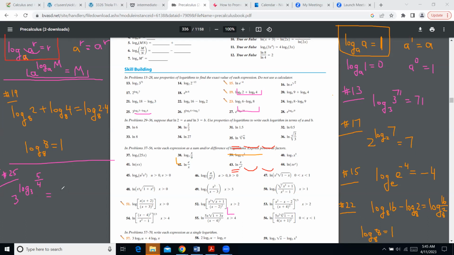And please notice that we're going to use the property here once again, the one that I just produced up above, and get the answer 5/4, because again, the base for the power was 3, and the base for the logarithm, they're the same.